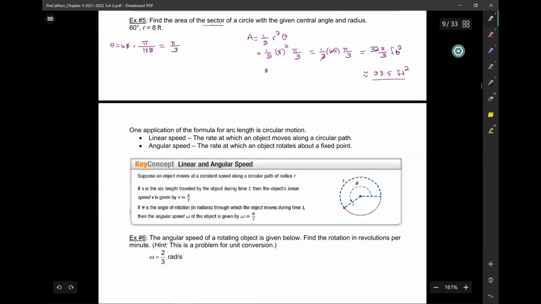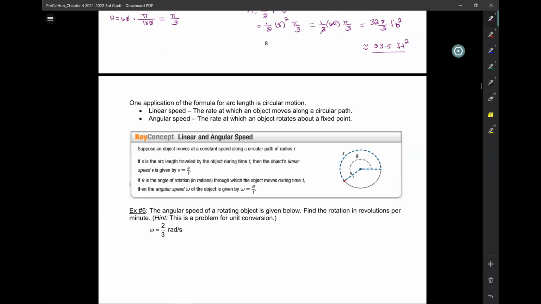So if we look at a sector, that's a linear distance. When you measure that distance, it's in meters or feet, like you were walking in a straight line. It's just a curved line.